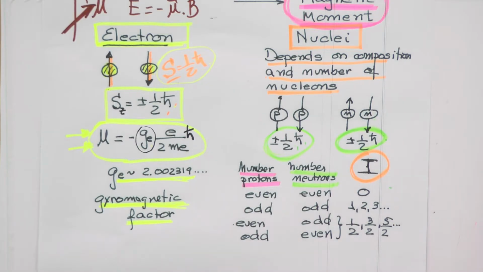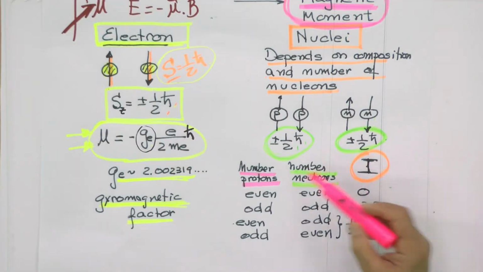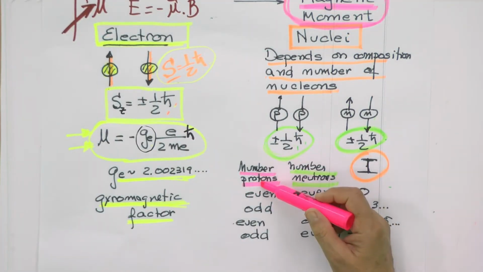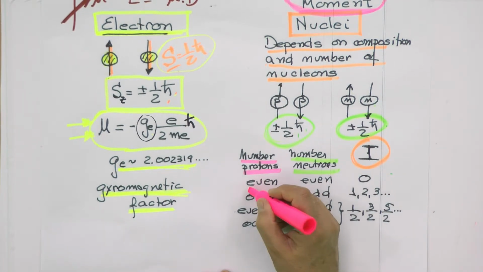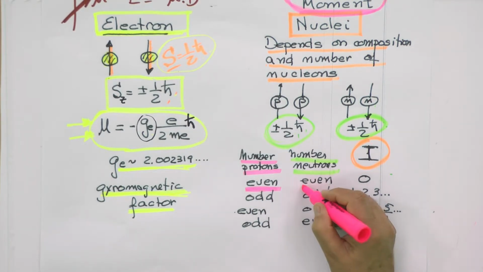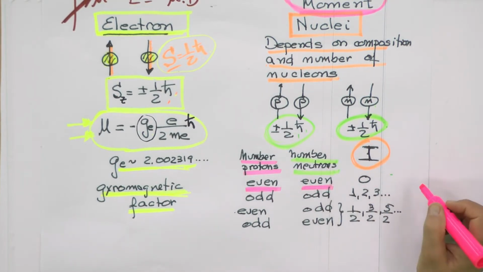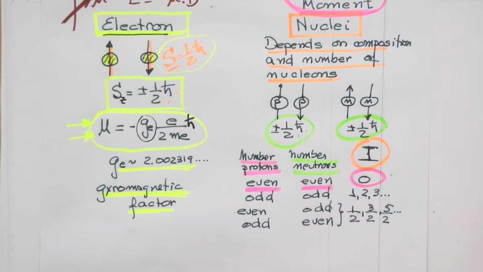The overall spin of the nucleus will be very dependent on the composition, the number of protons and number of neutrons. Suppose I have an even number of protons and an even number of neutrons. Normally, in this case, the spin is 0.